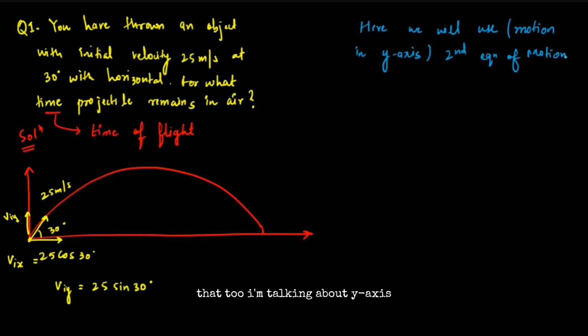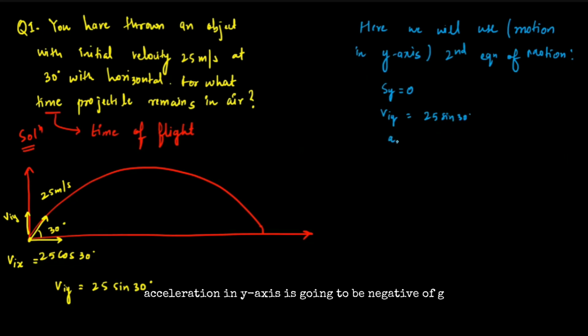For the y-axis, the displacement is going to be 0 because I'm considering the complete journey. Initial velocity is going to be 25 sine 30. Acceleration in the y-axis is going to be negative of g, so let us take it as negative 10 meters per second square.